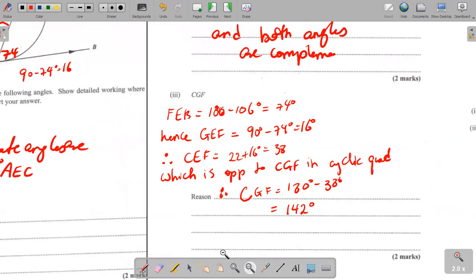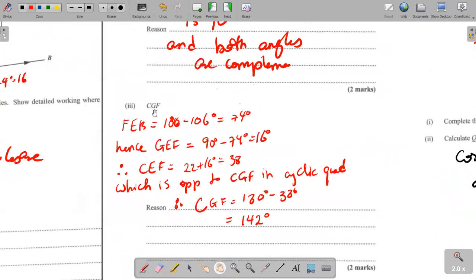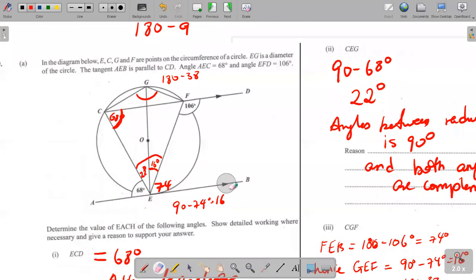What was the next question they asked us for? Let me use up here, see, because they're confusing. CGF. Where's CGF? How do we find CGF, guys?